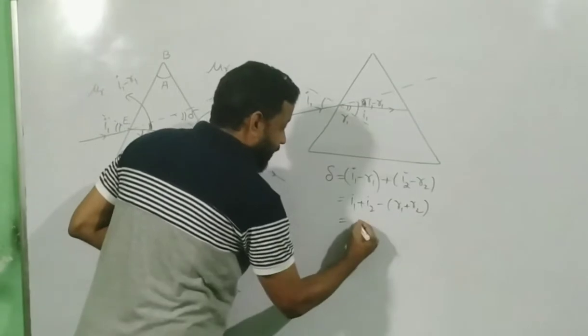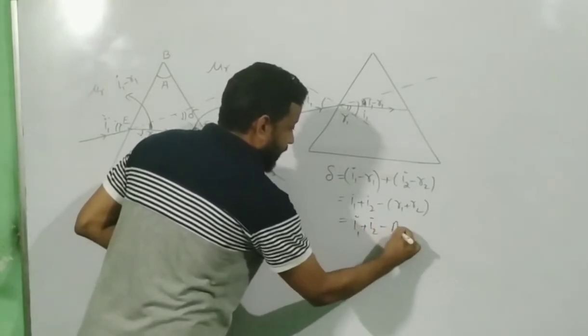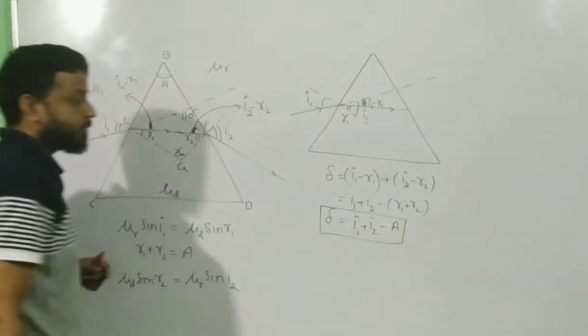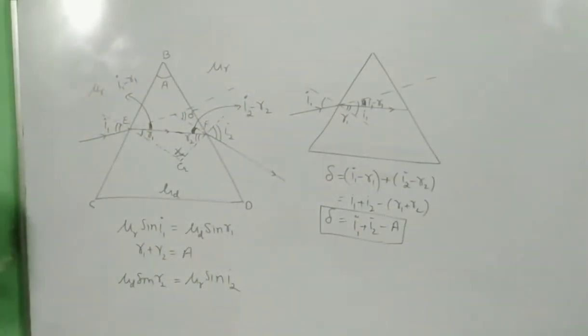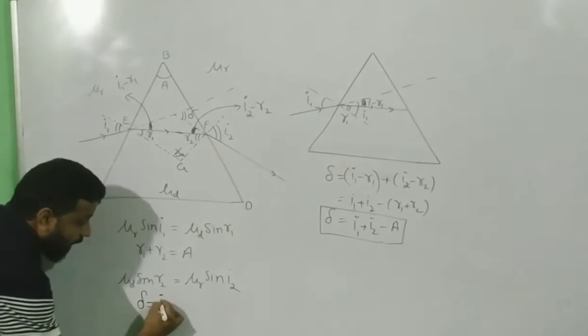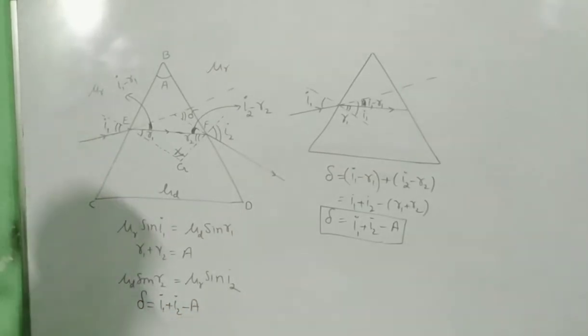And what is R1 plus R2? A. So this is my deviation formula, I1 plus I2 minus A. Okay. So we have four formulas over here. Del equals I1 plus I2 minus A. Please take a note of this.